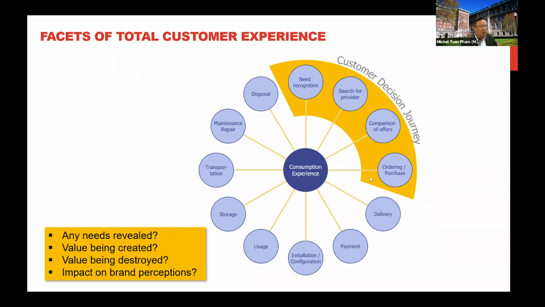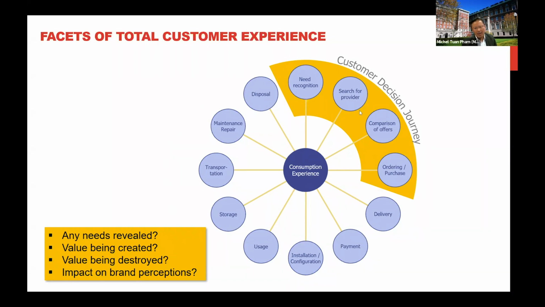But the experience of the customer does not stop there. It's not because you have completed your decision-making journey and your buying journey that your life stops. There's a lot more to the customer experience that happens after that, including your experience when the product gets delivered, when you have to pay, when you have to install it, when you have to store it, to transport it, when you have to repair, and so on and so forth.